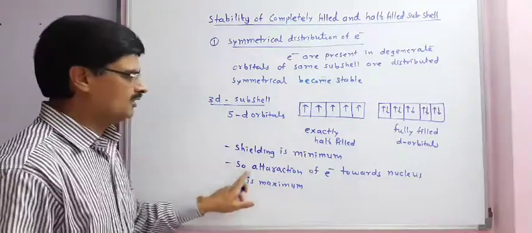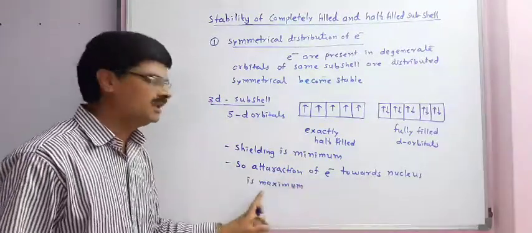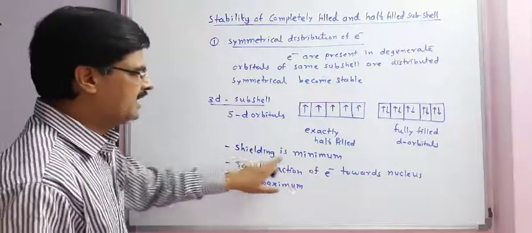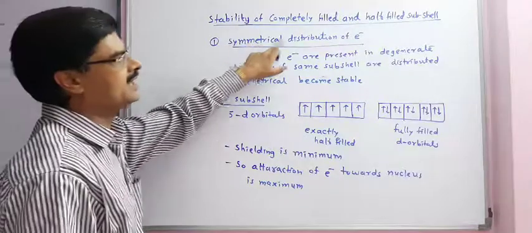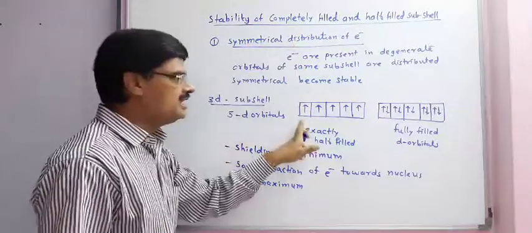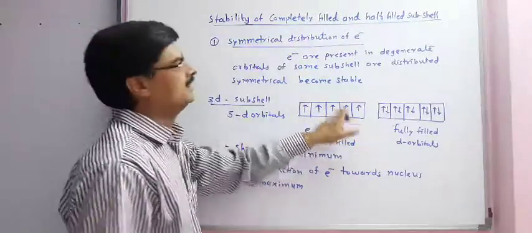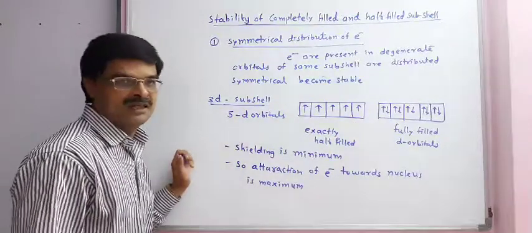Once more, attraction of electrons towards the nucleus is maximum and shielding is minimum. So we can say, if the electrons are symmetrically distributed in degenerate orbitals, then they always attain stability.